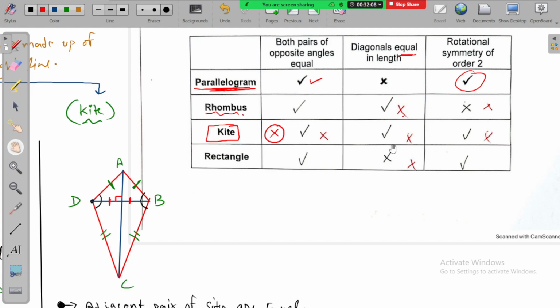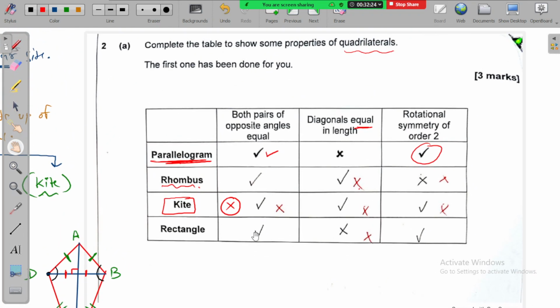Two. Which two? Square and rectangle. That's it. Means you got it. Then rotational symmetry. So you will say yes. Any confusion out there? No. Good. So this type of question can confuse you if you don't remember the properties. So just remember them.